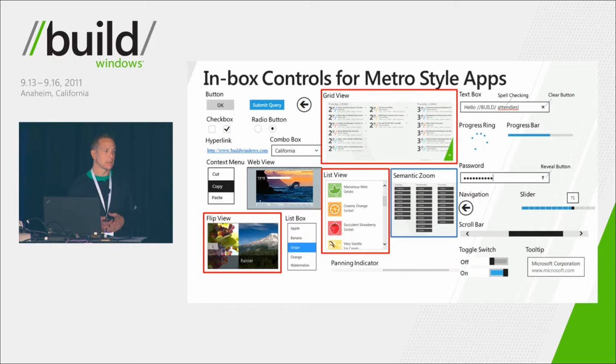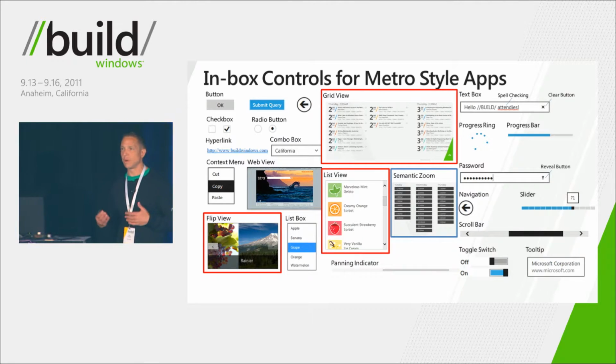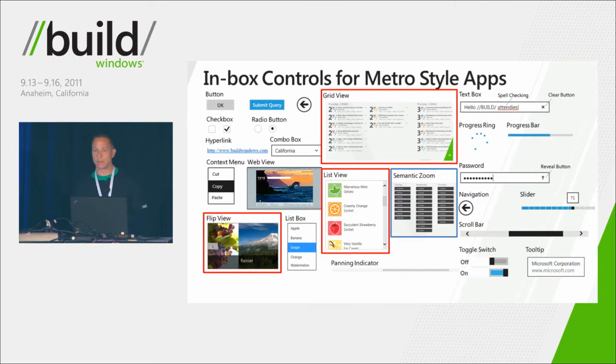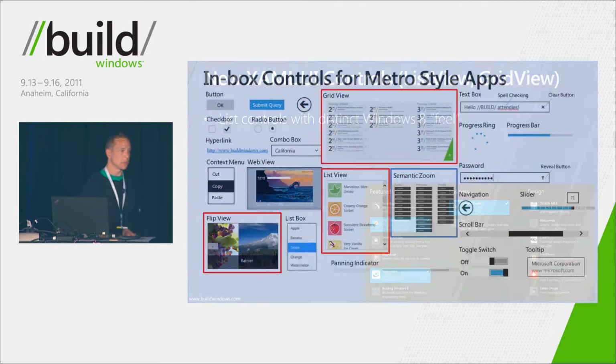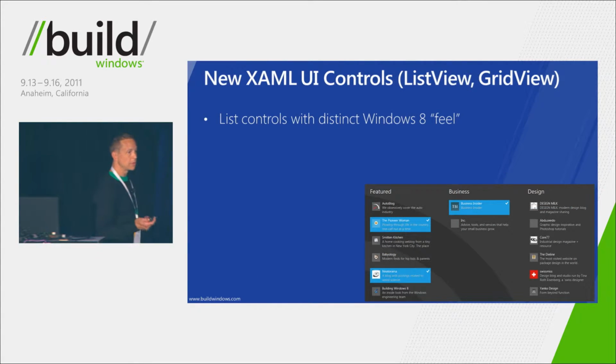We'll go into more details on that. There's a progress ring and a toggle switch that are relatively new. If you've used them before, you may have used them from the Toolkit. But there are a couple new controls there. But the main heavy lifting for building these Metro-style apps are really the grid view, list view, flip view, and semantic zoom. And that's, again, what I'll focus on, all of those except semantic zoom, which Hamid will cover in his talk. So the list view and grid view.